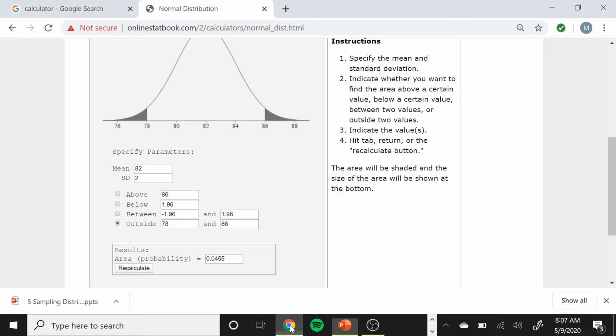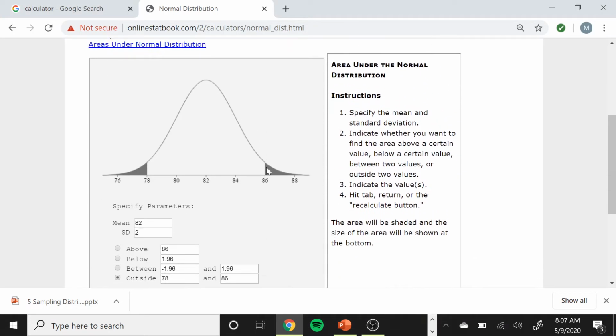Let's model this. I'm going to model the difference between the two groups. So normally, when we subtract unfertilized plants from fertilized plants, the fertilized plants are 5 centimeters taller. This is what normally happens.